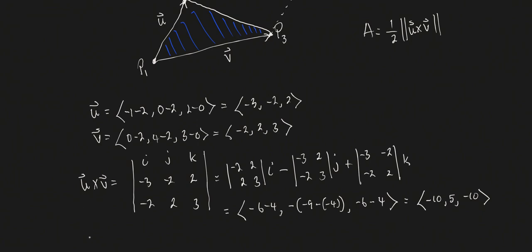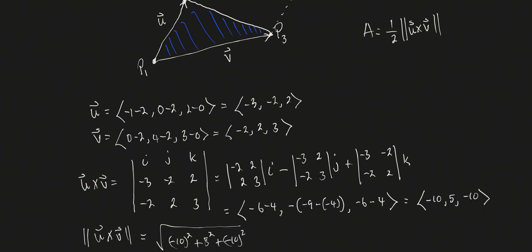Next up, let's find its magnitude. So the magnitude of U cross V, well, we have the components of U cross V, so square each component. So this is negative 10 squared, 5 squared, negative 10 squared.